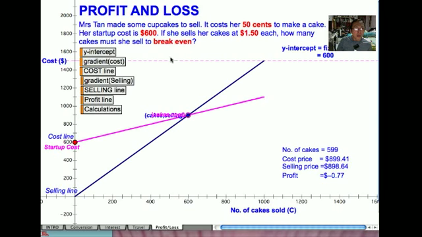This point is called the break-even point, where the cost price equals the selling price. Beyond this point, you will notice that the selling price point is now above the cost price point. Therefore, we have made a profit of $179.60.